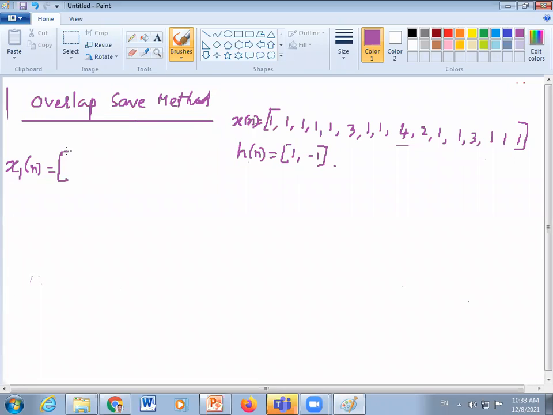Now who will tell me how to form this block using the overlap save method? First add 1 zero and write 4 numbers. First we are adding m minus 1 zeros, right? As the m value is 2, we are writing 1 zero here, then the remaining 4 samples I need to take from this, right? 1, 1, 1, 1. Correct.